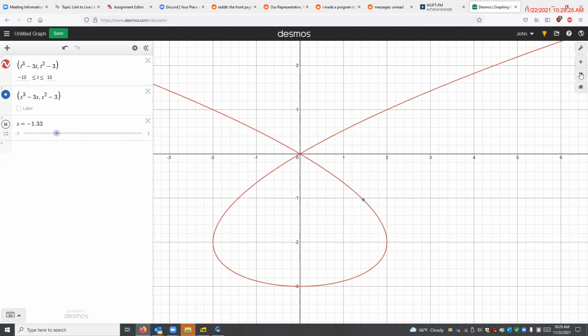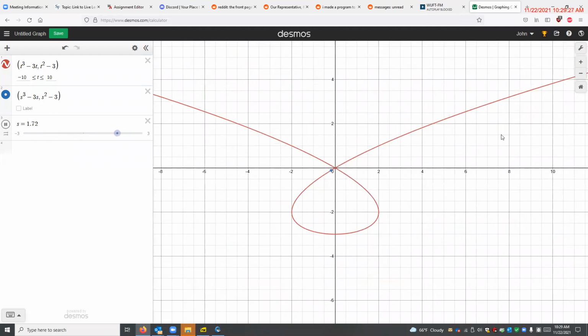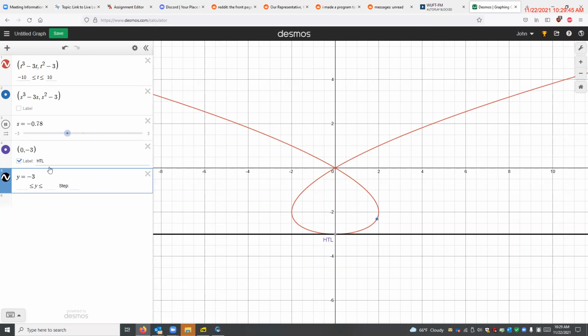So here's that curve. And I said that there should be horizontal tangent lines at only one point, which was 0, -3. Here we go. And yeah, I think we would all agree that the tangent to this curve right here is horizontal. That's just the line y equals -3.